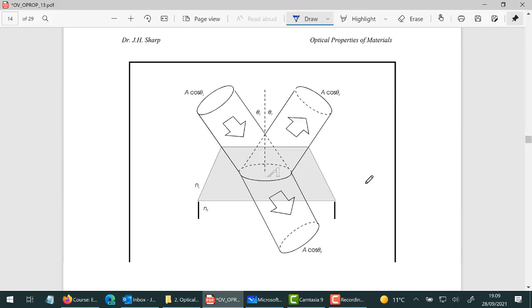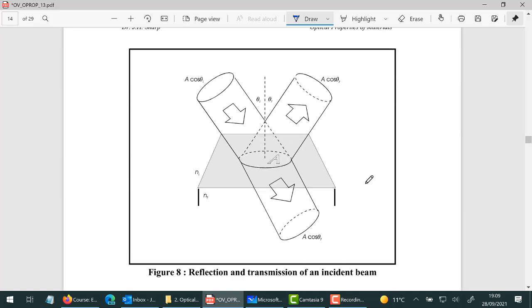So we have our incident beam coming in. It hits the surface, and on the surface it has a projected area of capital A. Some of that light gets reflected at an angle of theta r, and some of it gets transmitted at an angle theta t.